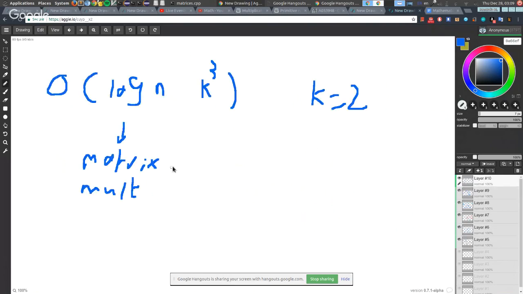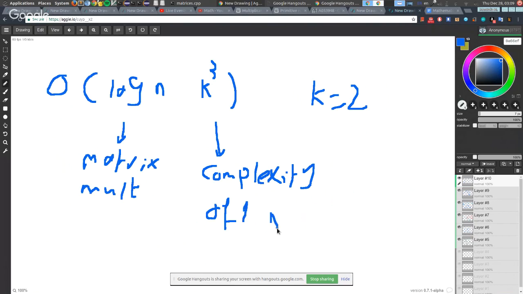So as we can see here, this is the complexity of matrix multiplication. So this is the total complexity of this algorithm that computes the linear recurrence.